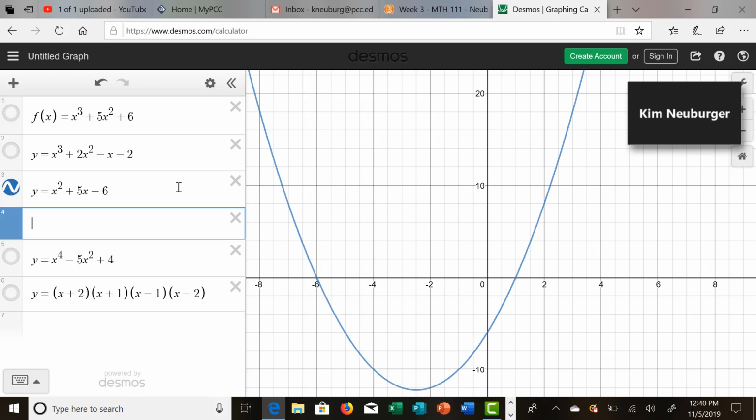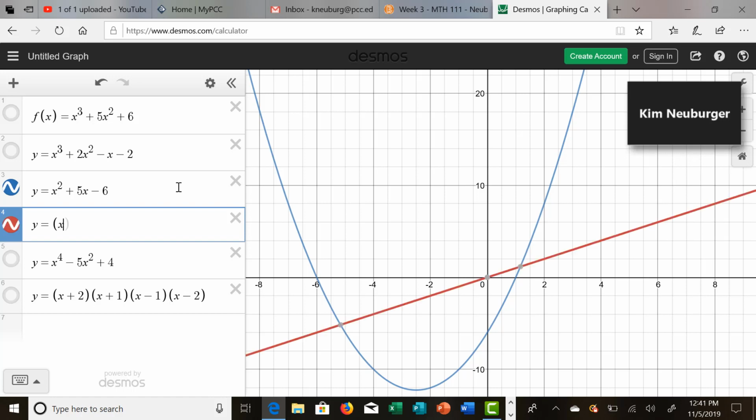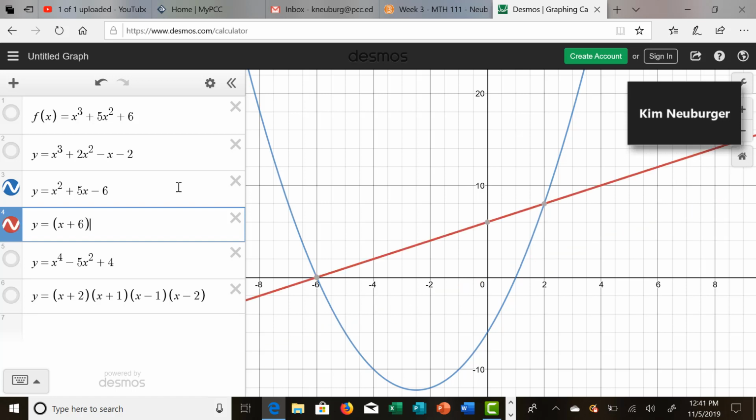Let's see if I can make a factored form from those and have it land right on top of that blue one, just like I had the black one land on the green one a minute ago. So we would have x plus 6 as a parenthesis, because when I plug -6 into that, I get 0.